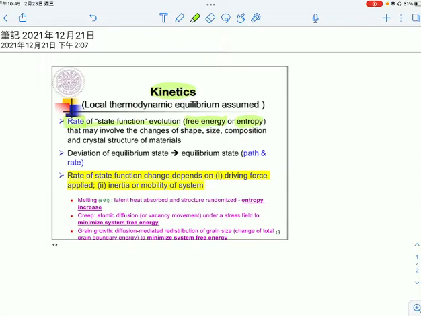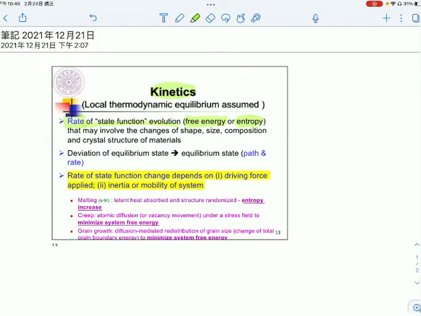And we need to calculate the rate of state function change, no matter whether it is the Gibbs free energy or entropy. But some people probably have some concern that all the energy state functions we derive from thermodynamics can only be applied in equilibrium conditions. Why can we apply these energy state functions in kinetics? Yes.